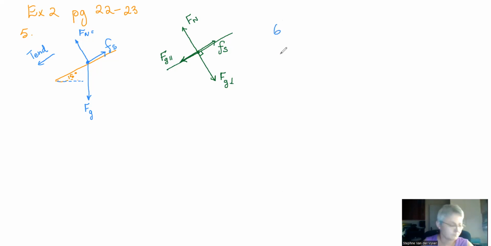Number 6. A crate is sliding down a slope against friction at constant acceleration. If the acceleration is non-zero, it means that there is a net force down the incline that is also non-zero.